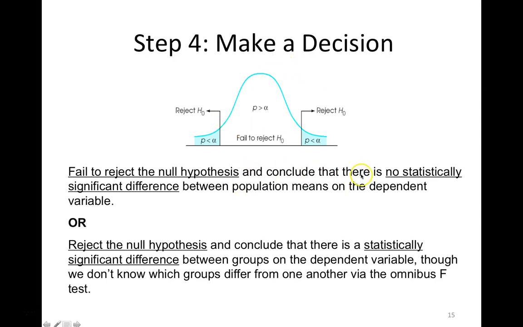If we fail to reject the null hypothesis, we conclude that there is no statistically significant difference between population means on the dependent variable, or we can reject the null hypothesis and conclude that there is a statistically significant difference between groups on the dependent variable, though we actually don't know, again, which groups differ from one another via that omnibus F test. So the way that we find out where those group differences are is via post-hoc testing.